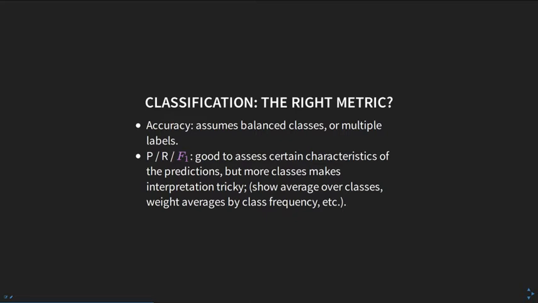Do I want to weight them with the frequency that they have to have a fair score? Do I just average over all of them? And it will therefore introduce a bunch more choices. However, in the cases where you have a very strong preference for either precision or recall, these are obviously very good metrics to use.